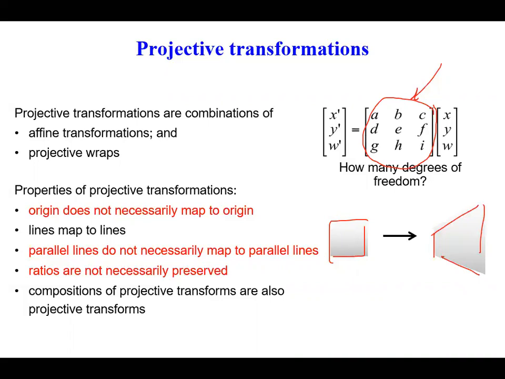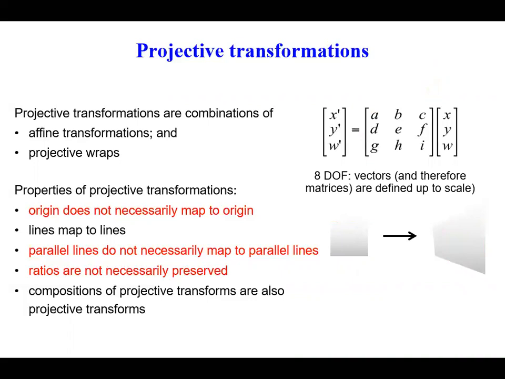But this is actually 8, and we'll prove later on why it is 8. But for now, you can change this value to 1, and if this is 1, I will have 8 degrees of freedom. Because basically, if you change this to 1 multiplied by the W, it will give you another value of W, but then you can divide by this W at the end. So this 9 can be reduced to 8. This is just logically. Yeah?